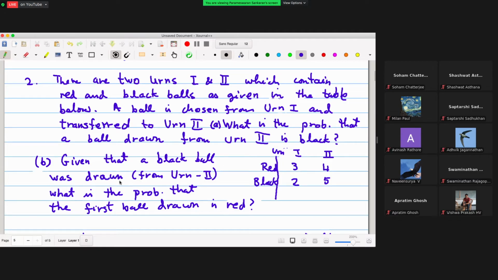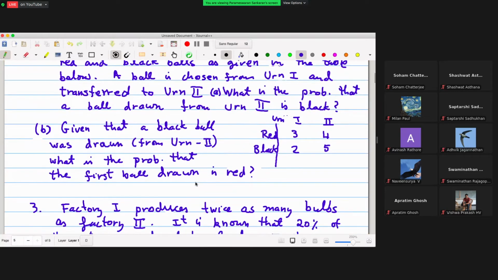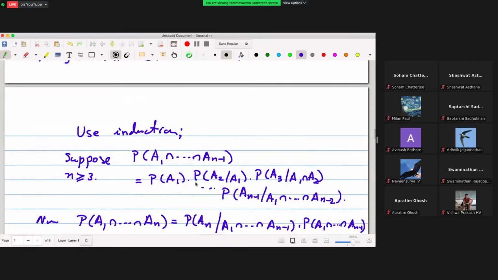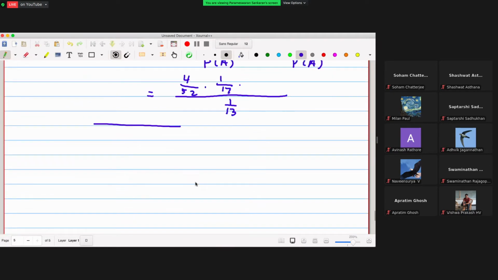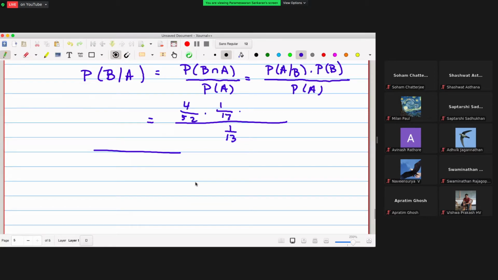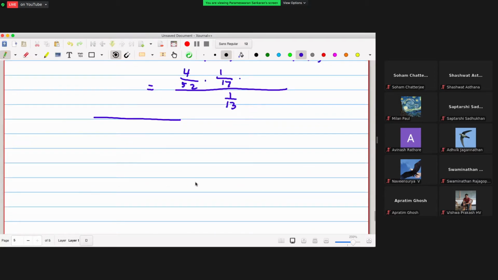So what you are doing is drawing a ball from urn 1 and transferring it to urn 2, and then computing the probability that the ball drawn from urn 2 after this transfer turns out to be black. So that's the question. Let us do that. I wanted to discuss some other problems also, but let's just do this.